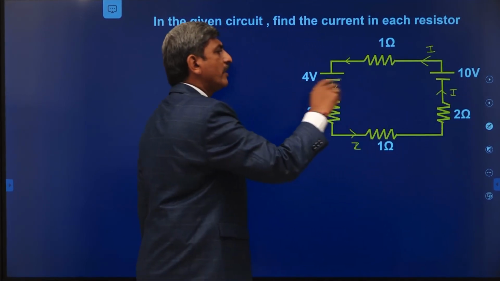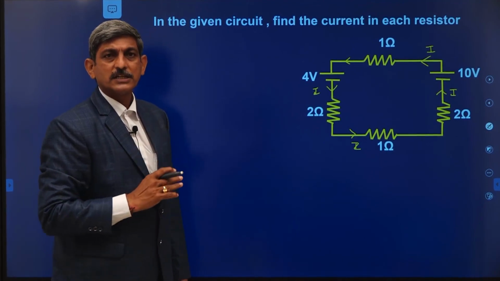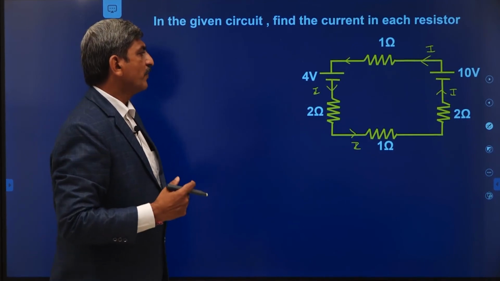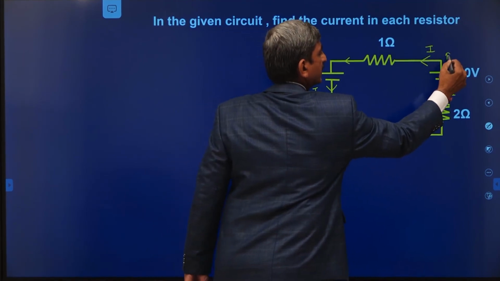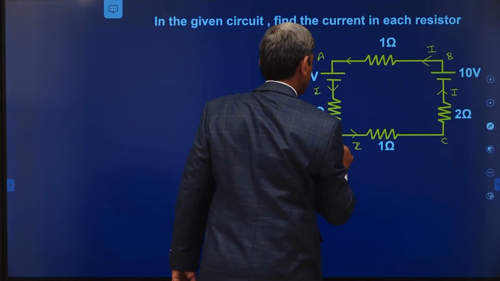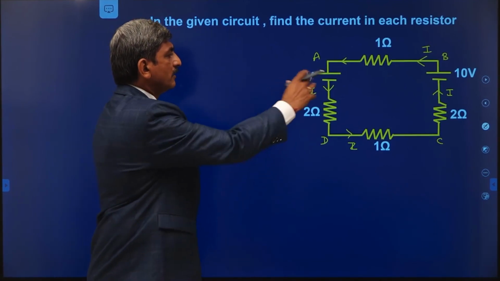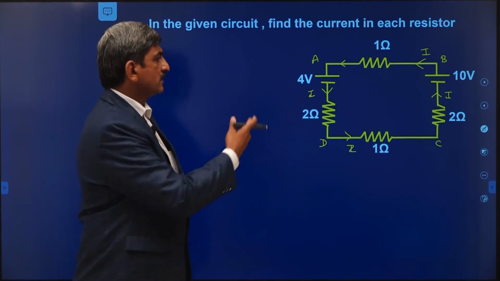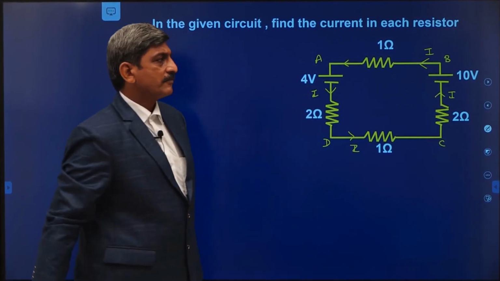Now, we want to find out the current passing through the circuit. For that, I am going to apply Kirchhoff's voltage law. Before that, let us mark the points as A, B, C, D at the different points of the circuit. Now, here the current passing through the circuit is marked as I in all the branches.